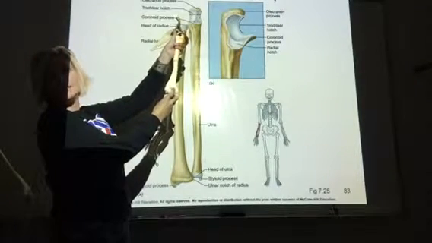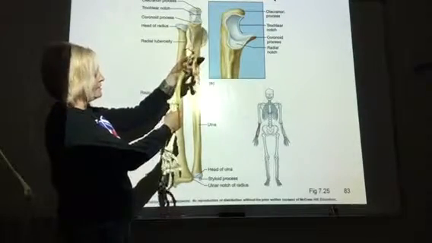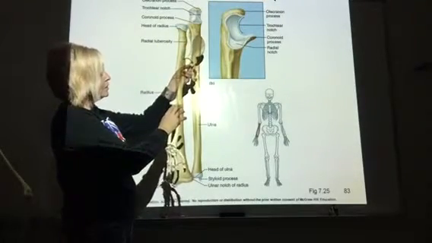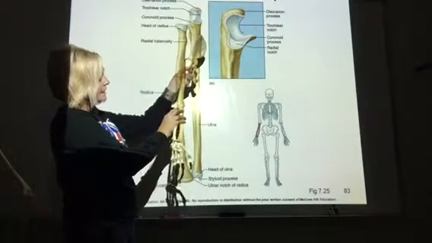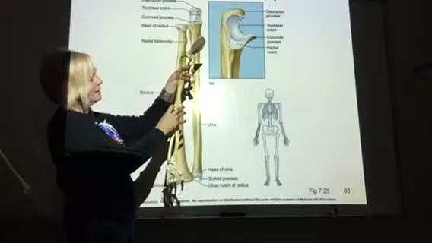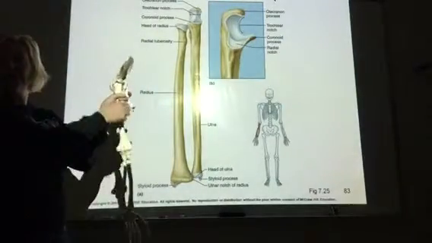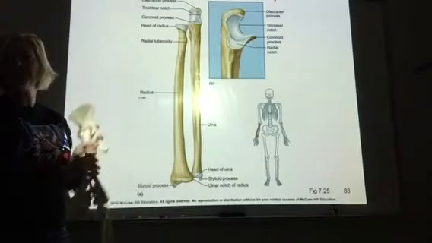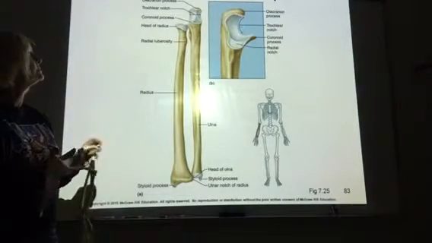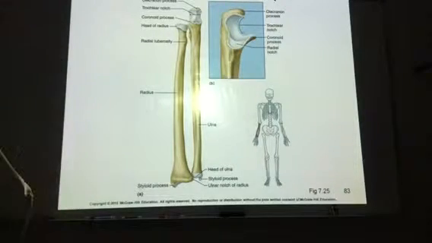Fossa is like the indentation. If I turn it around on the other side, I have the coronoid process, and that slides up and fits into the coronoid fossa. So the fossas are on the humerus, and the processes are on the ulna. And that's probably what you need to know there.